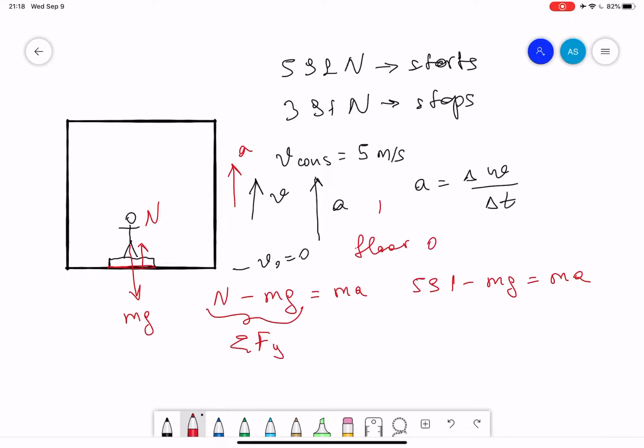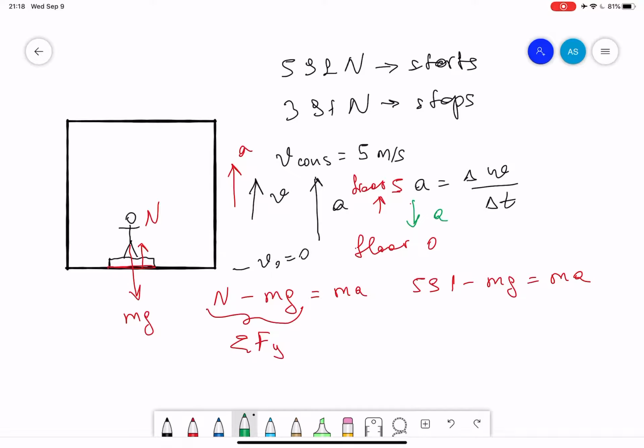However, suppose you are going from floor 0 up to the 5th floor, okay? What happens when you are trying to reach the 5th floor is that the direction of acceleration changes. Why? Because it's decelerating and it wants to stop, okay? So in that case, your acceleration will be pointing downwards when it wants to stop.